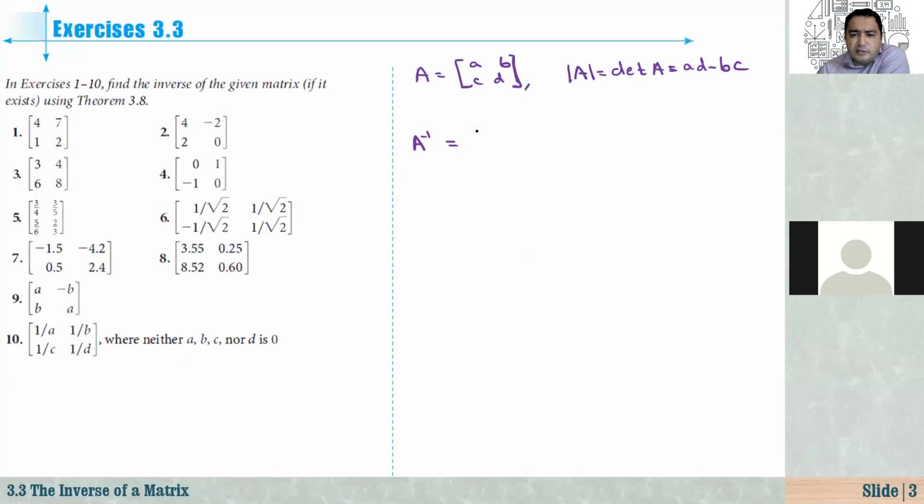That's equal to 1 over determinant of A, and here we have another matrix: D, where we are interchanging D and A, and here we have minus B and minus C. If you multiply these two matrices, either A times A inverse or A inverse times A, that's equal to the identity matrix. That's only for 2 by 2.